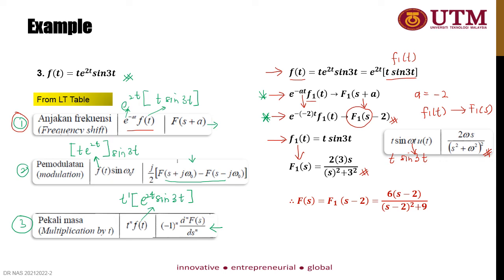So F1(s minus a) equals 2 times 3 is 6. So your s now becomes s minus a. So your F(s) equals this function.